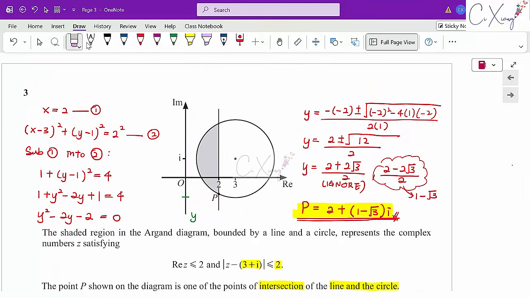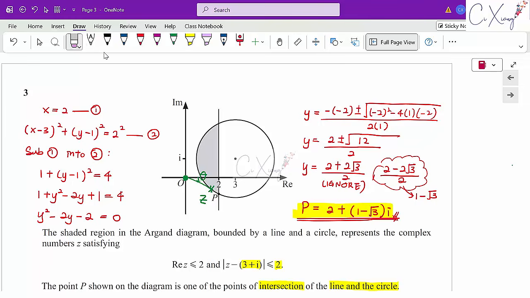So how to find out the greatest value? Let's take some example here. Let me fix the point at the origin first. Z can be any point in the shaded region. Let's say this is my Z. If you draw a line from 0, 0 to the Z, this is the angle, the theta or the argument.